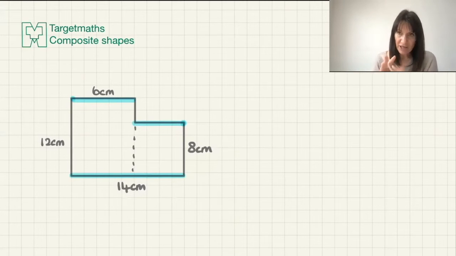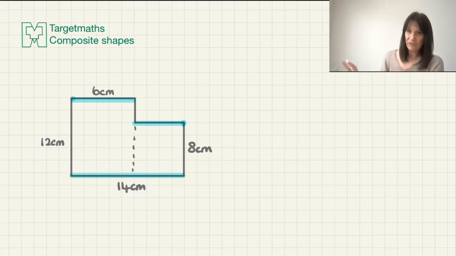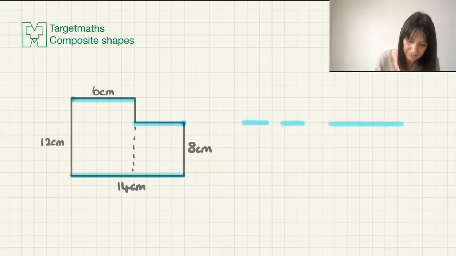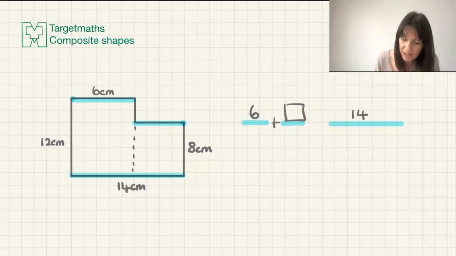Again, I don't think this is something that you have to do for every question, but if you get yourself in a little bit of a muddle, this is really, really nice. So I've got two short edges that make the long edge. I've got a 6 on one of the short edges. I haven't got anything on the other, and I've got 14 here. 6 plus a number I don't know is going to equal that 14.